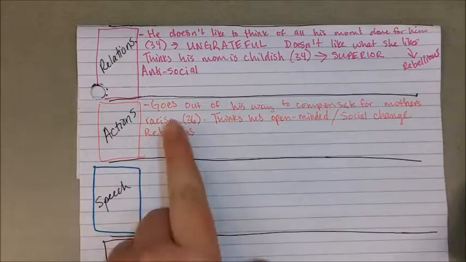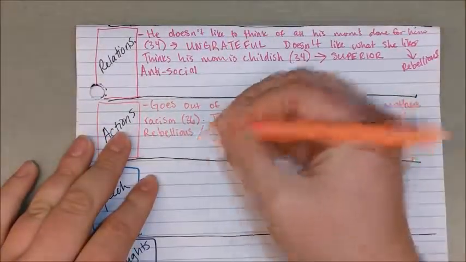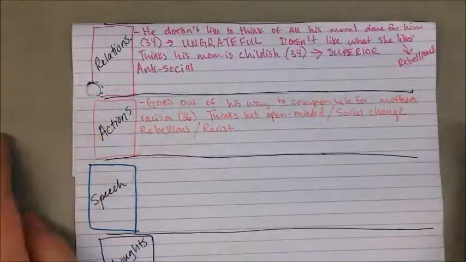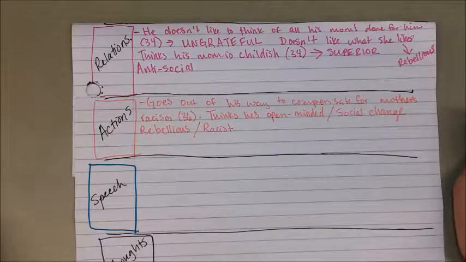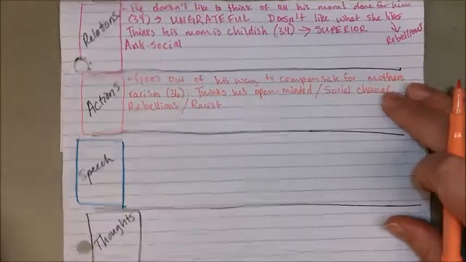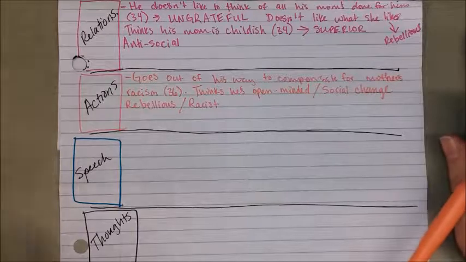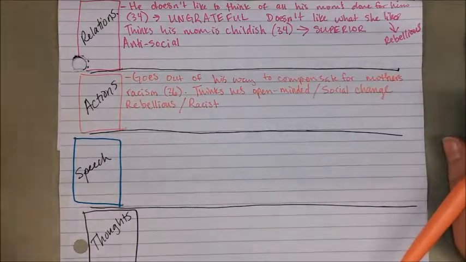So these actions show that he's rebellious and maybe even a little bit racist in his own way, because he's choosing who he sits by and associates with based on their skin color simply to make his mother mad. Not to get to know them better as people, not to treat them as people, but to treat them as pawns in his own little fantasy world. Okay?